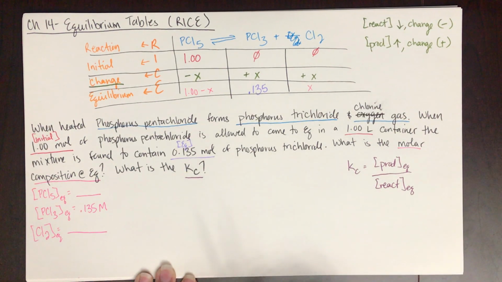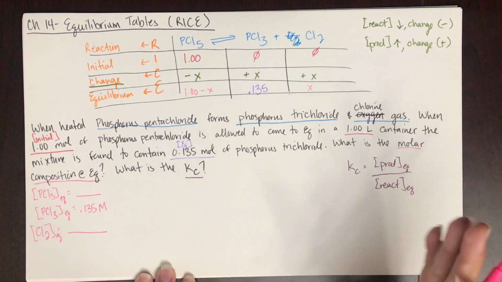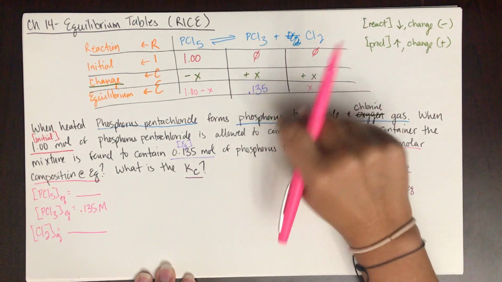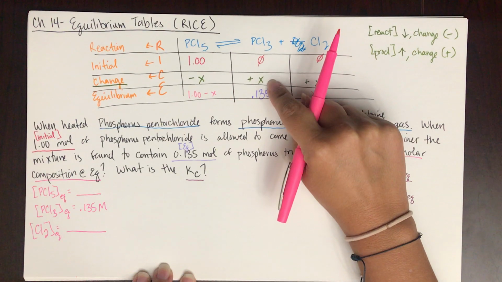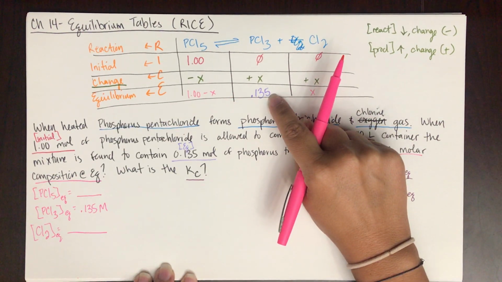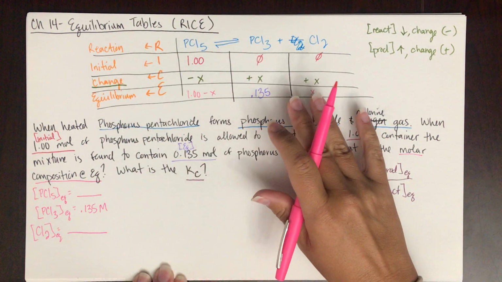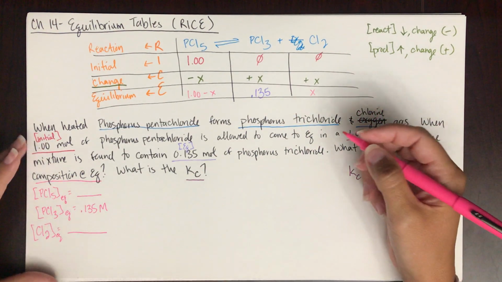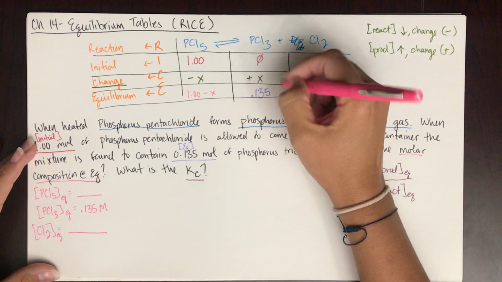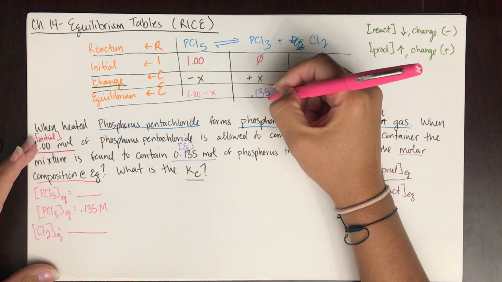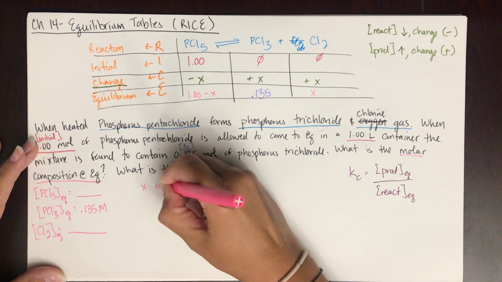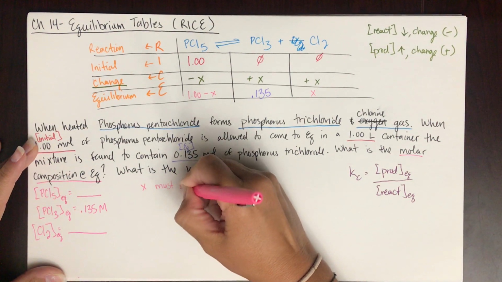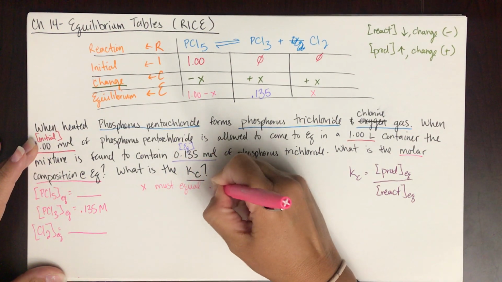You can do this however you want, but if you think about what's happening here, in this example, I have 0 initially, plus X is 0.135. So in this equilibrium table, I am able to determine from 0 plus X equals 0.135 that X must equal 0.135.